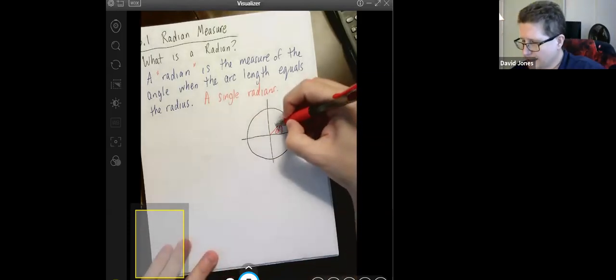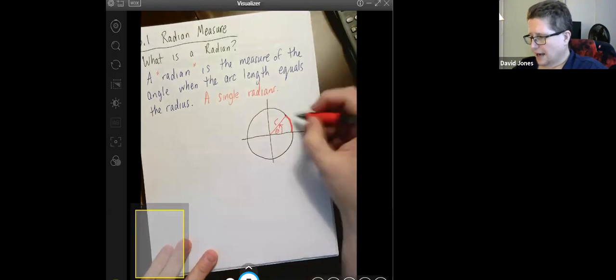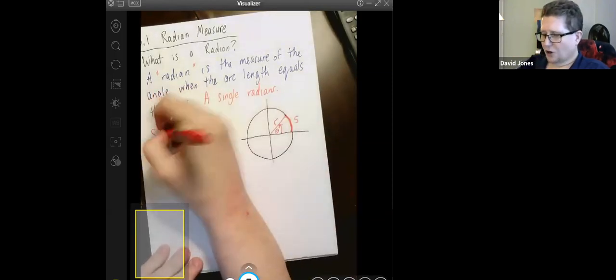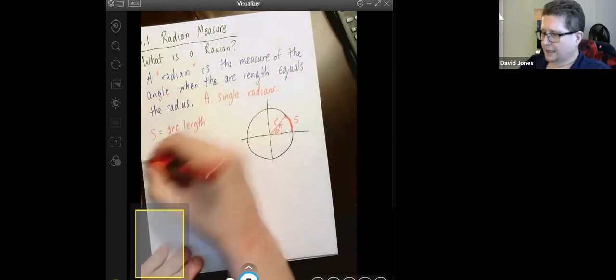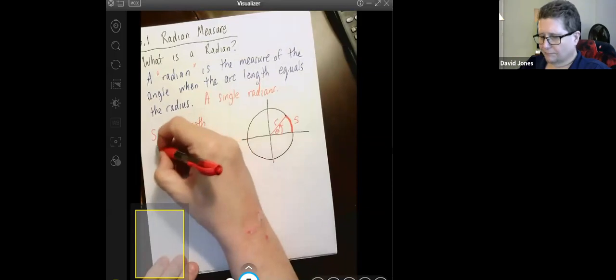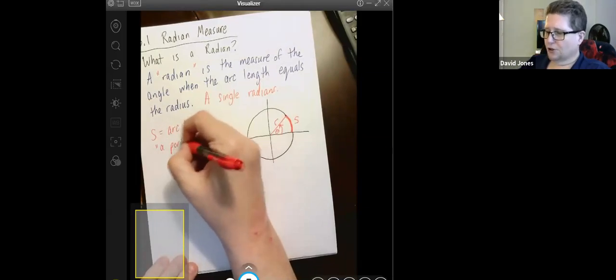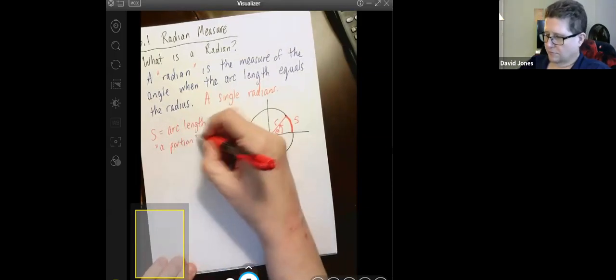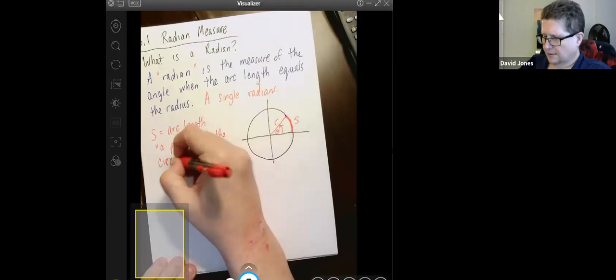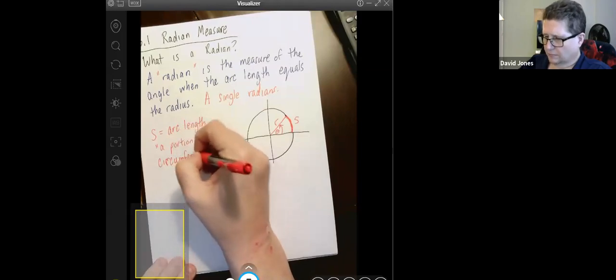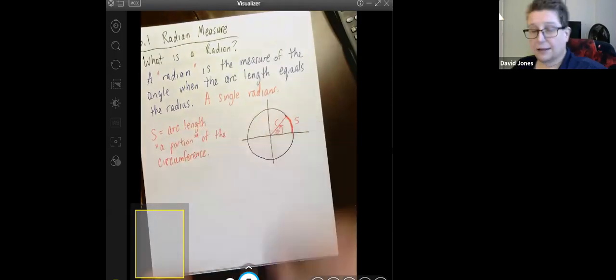This is the radius. This is arc length. S is arc length. And it's a portion of the way around the circle. Portion of the circumference. The length of an arc.